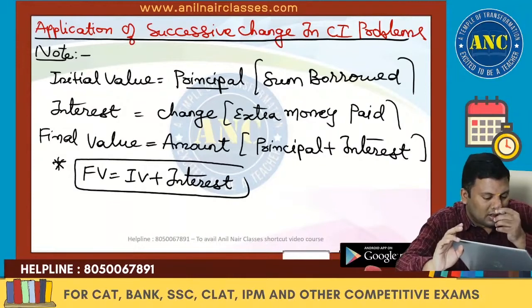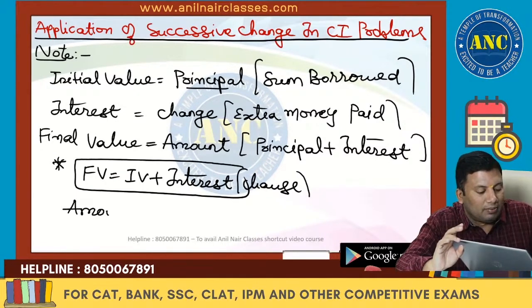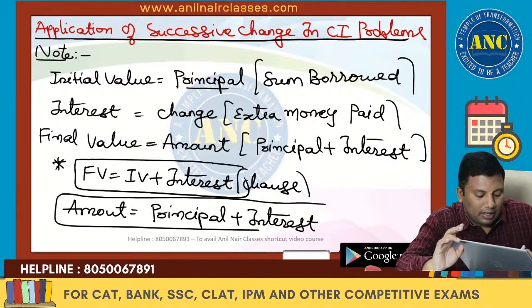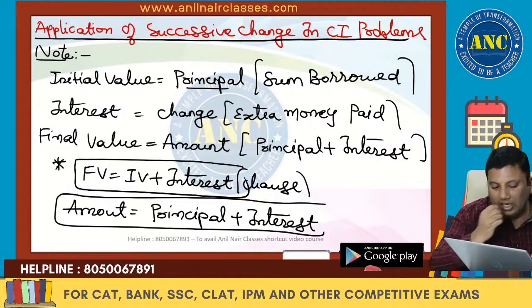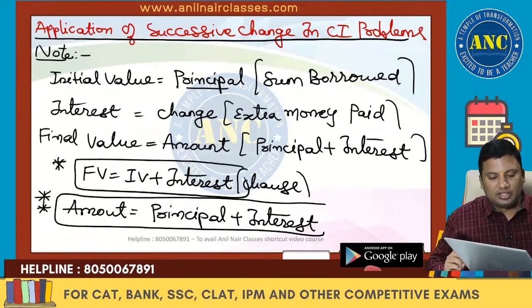Final value is nothing but initial value plus change. In fact, here change is nothing but interest. So amount is nothing but principal plus interest.